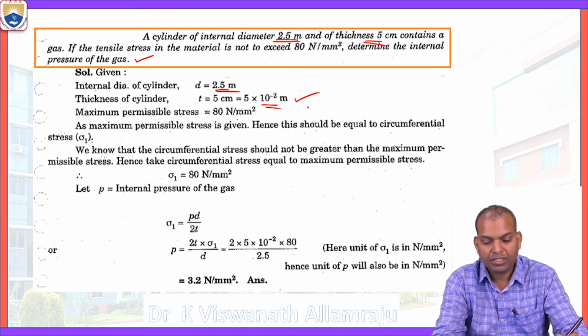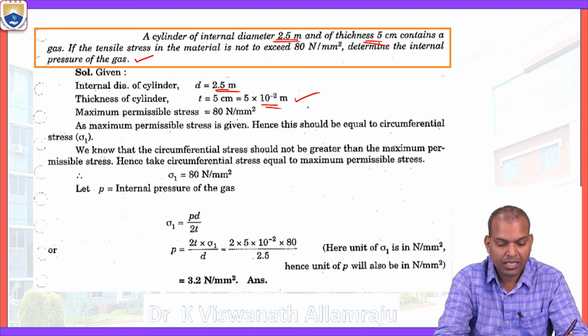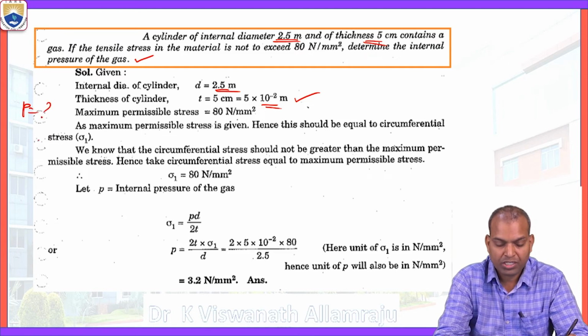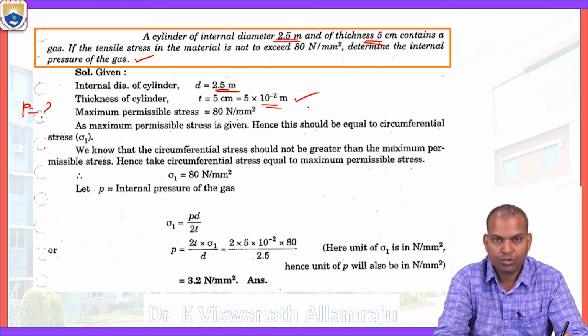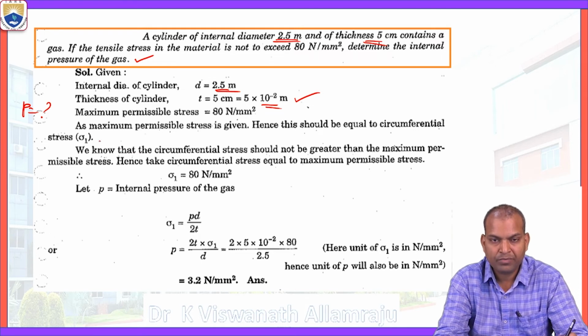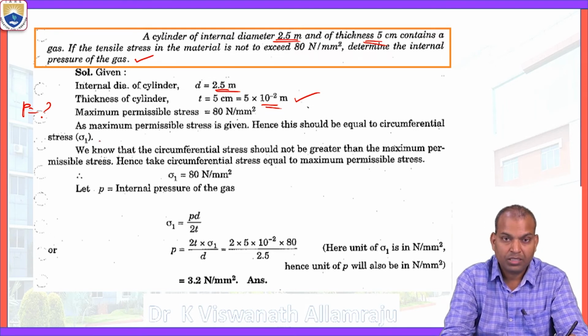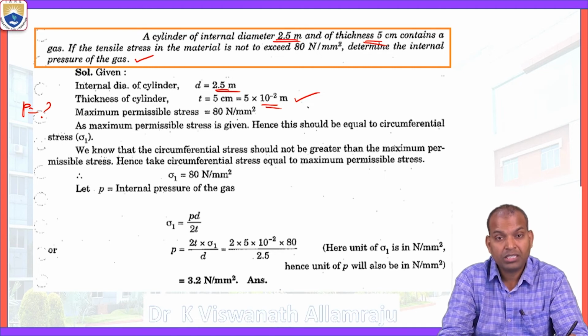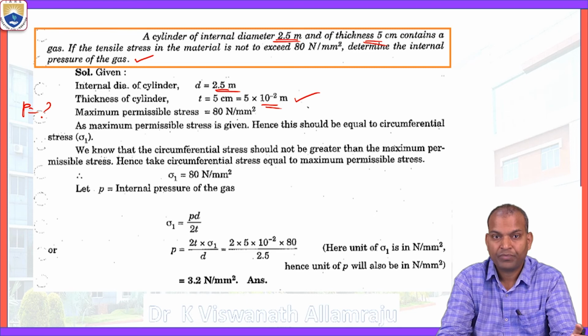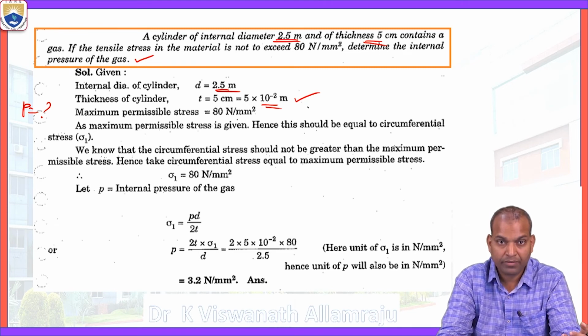Determine the internal pressure of the gas. We want the internal pressure P. The maximum permissible stress is given as 80 Newton per square millimeter. The maximum permissible stress is nothing but the circumferential stress, because the circumferential stress is the maximum value in comparison to the longitudinal stress and the maximum shear stress developed.